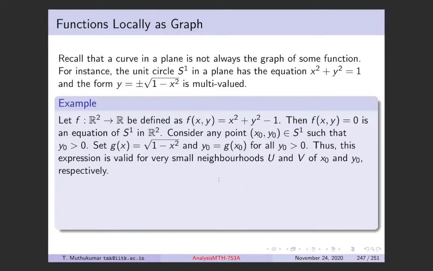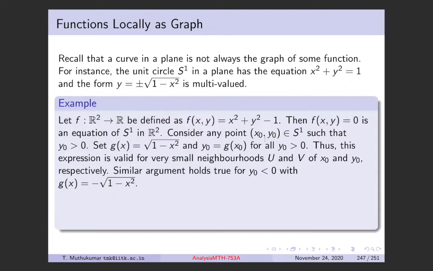So we can have very small neighborhoods u and v0 of x0 and y0 respectively. It's taking the domain as u and giving v, and the graph of that is basically the circle lying on the upper half plane. So locally you can make it as a graph of a function.